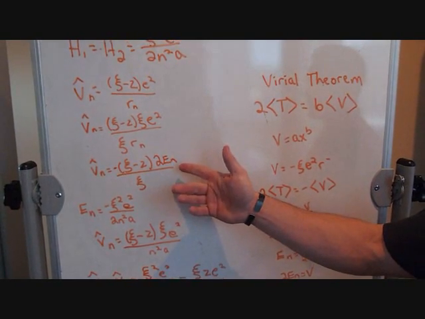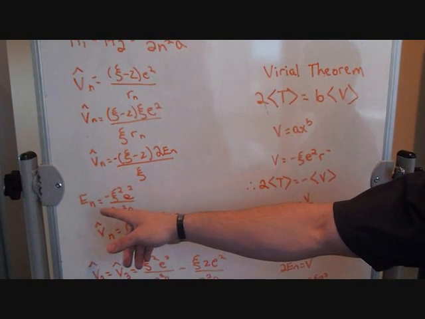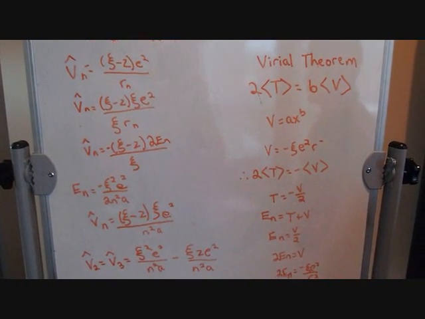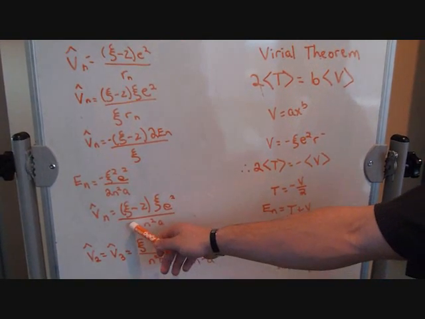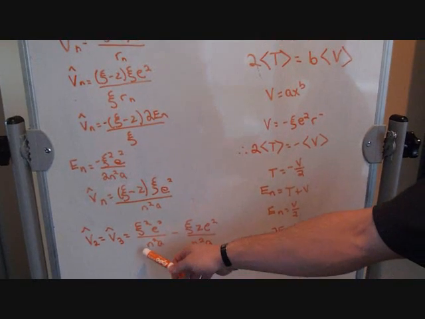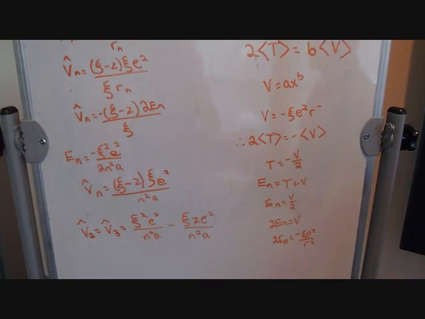Once we do that, we can substitute in what the actual energy function is into our equation, and we end up finding what the expectation value equation is for both V1 and V2, those 2 terms.